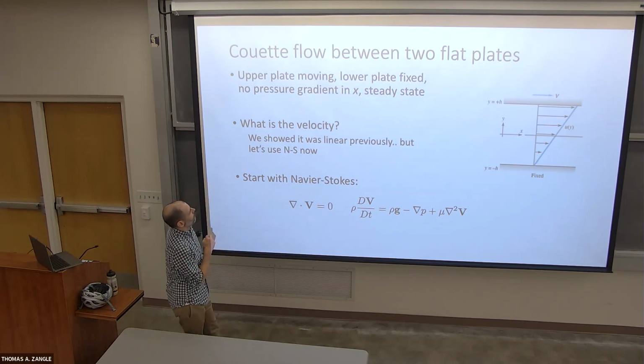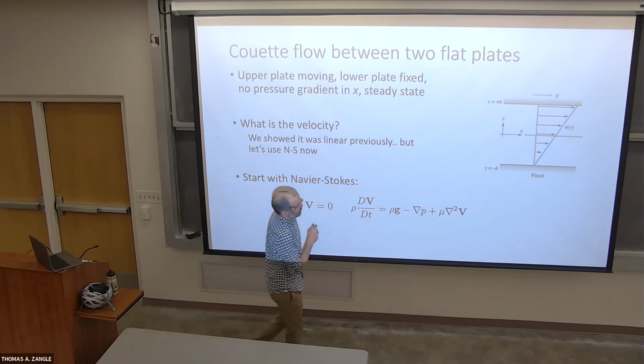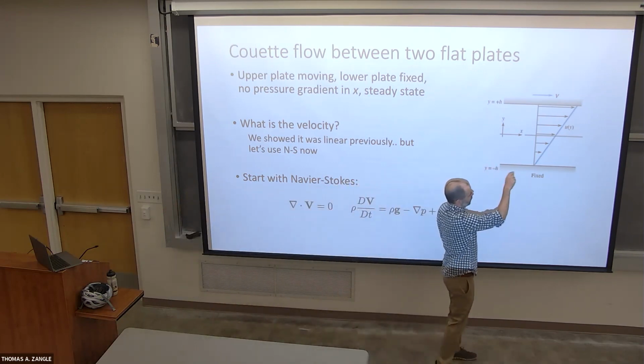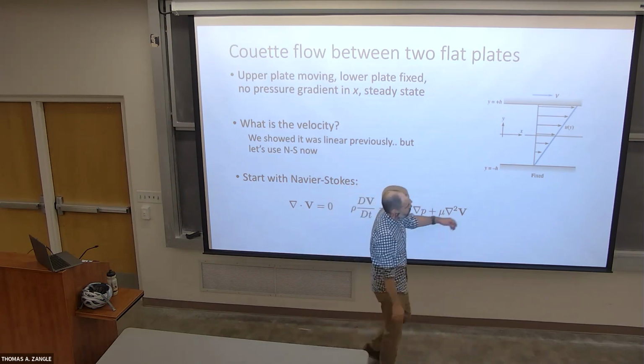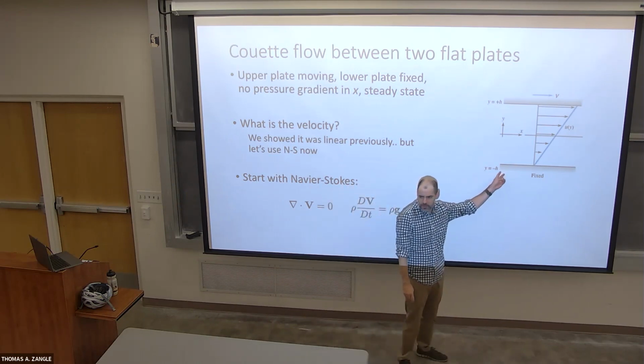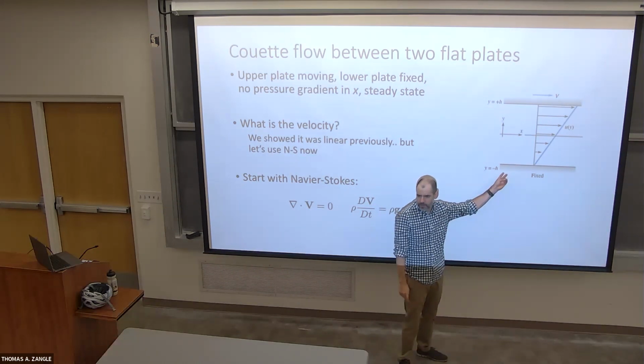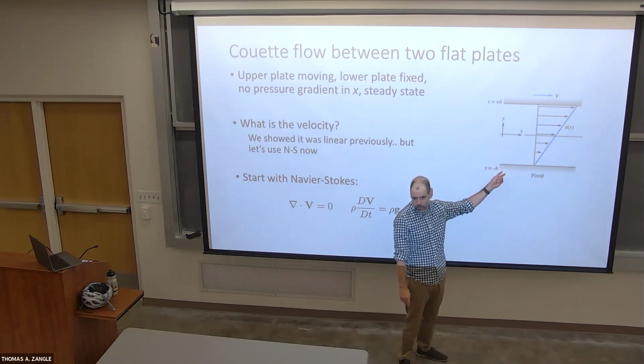where this is an example where we have the upper plate moving and the lower plate fixed. We did a hand-waving derivation to get to this velocity profile when we defined viscosity. But now I just want to walk you through a more rigorous derivation.